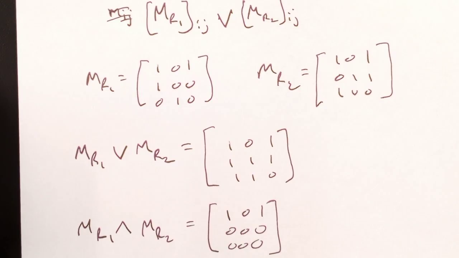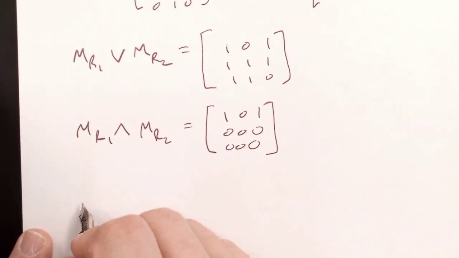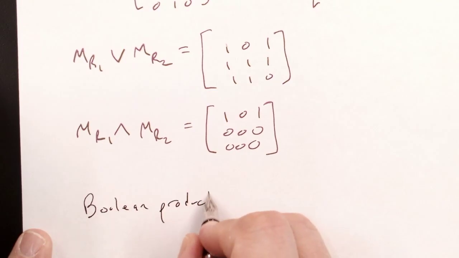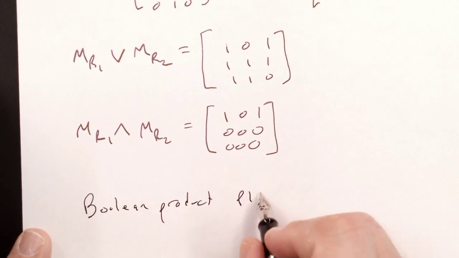Back in chapter 2, I skipped a section. Chapter 2, section 6 happens to be all about matrices, and there are some other types of operations on matrices. There's something called the Boolean product, on page 182.